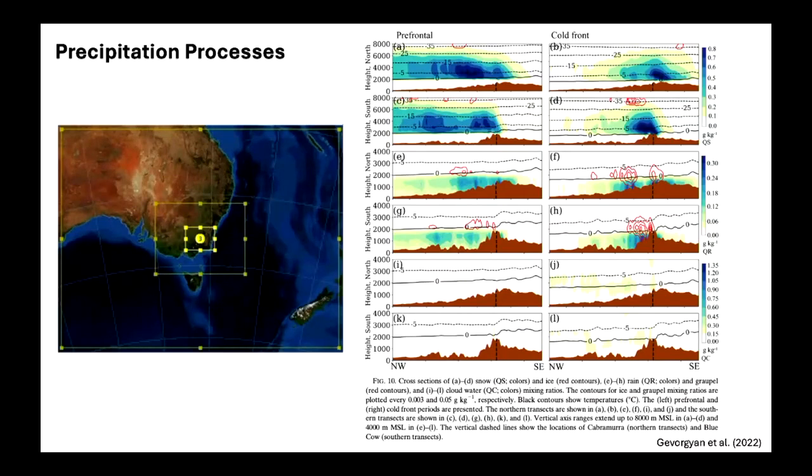We looked at the precipitation development associated with the passage of a cold front over our snowy mountains, right? And you could also examine the interactions of these different hydrometeor particles with the mountain topography as well.